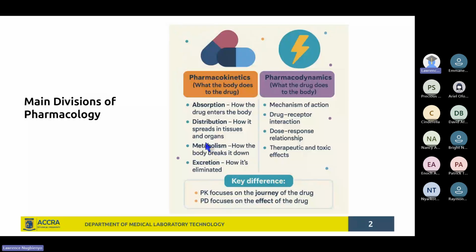Now, what it means is that you have a drug that gets into the body, and the absorption will be dealing with how the drug will get into the body, the route of entry. Distribution will be after the drug gets into the body, how it gets distributed to the various organs and tissues. And then the biotransformation itself, which occurs mainly in the liver.